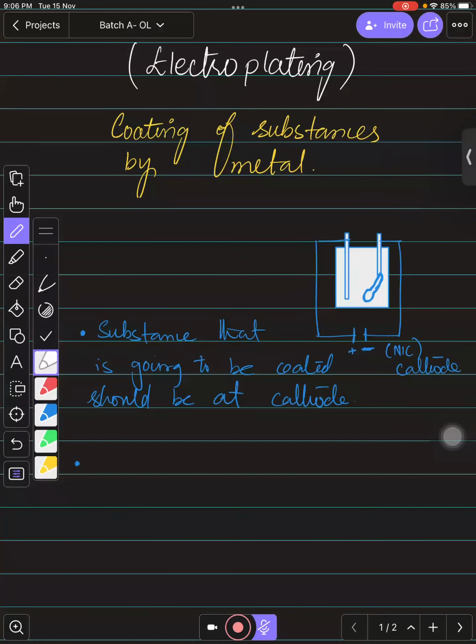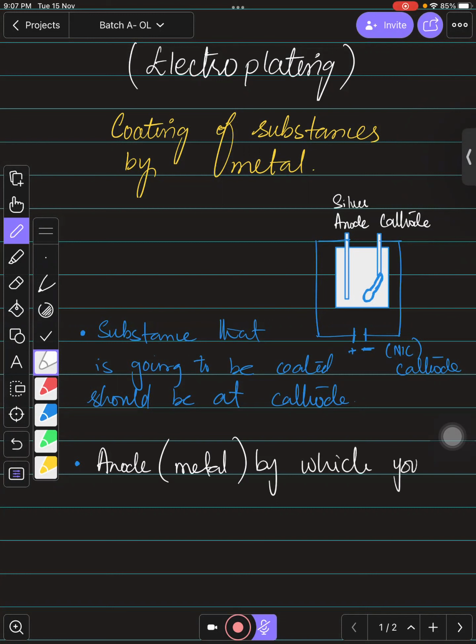Second one will be anode. ये जो anode है, वो उस metal का होना चाहिए जिस metal की आप coating करवाना चाहते हैं. So right now we want a silver coated spoon, so the anode should be made up of silver, right? So remember, the anode should be made up of the metal by which you are coating. You need to remember this.